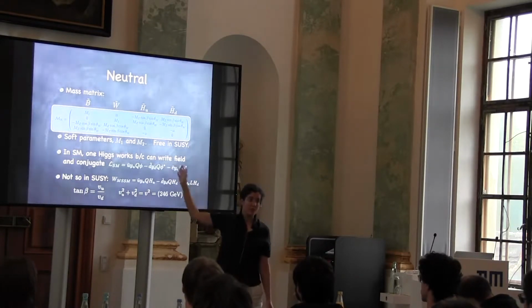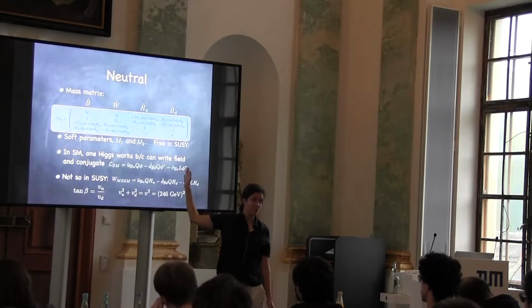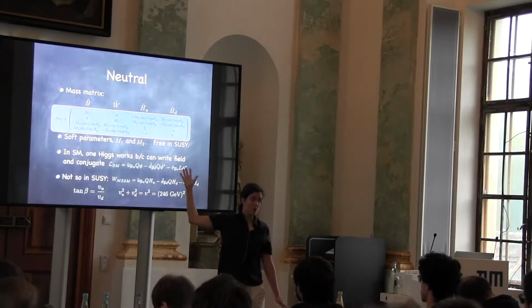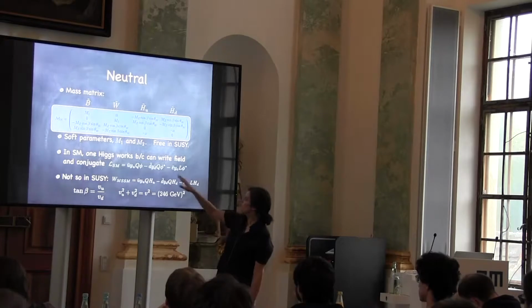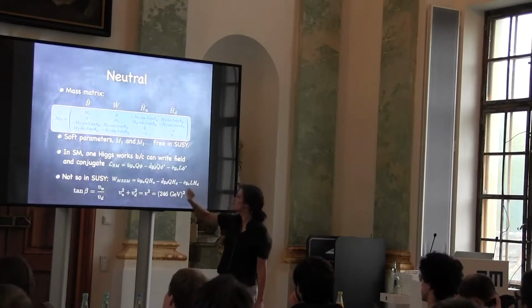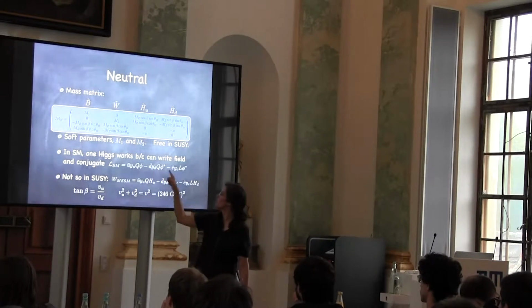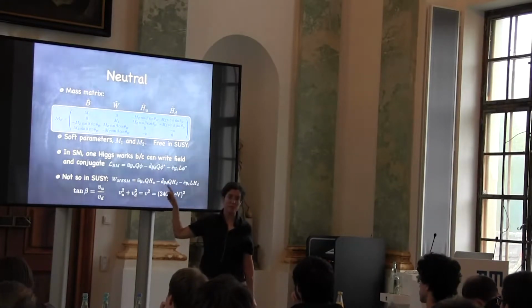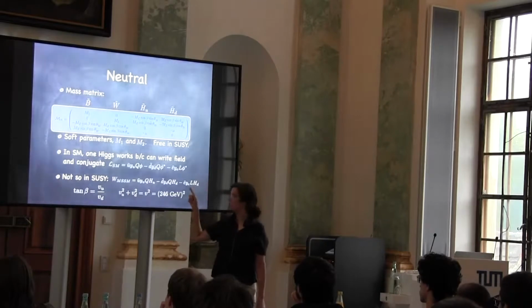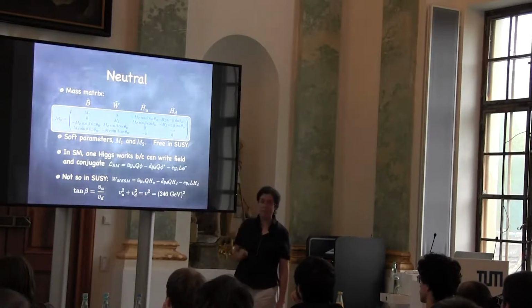And that's perfectly fine because I can write down interactions that are non-holomorphic. In supersymmetry, it turns out, for technical reasons, that I can't write down an interaction that looks like that, and so I need two separate fields to couple the up- and down-type quarks, and by extension the leptons.